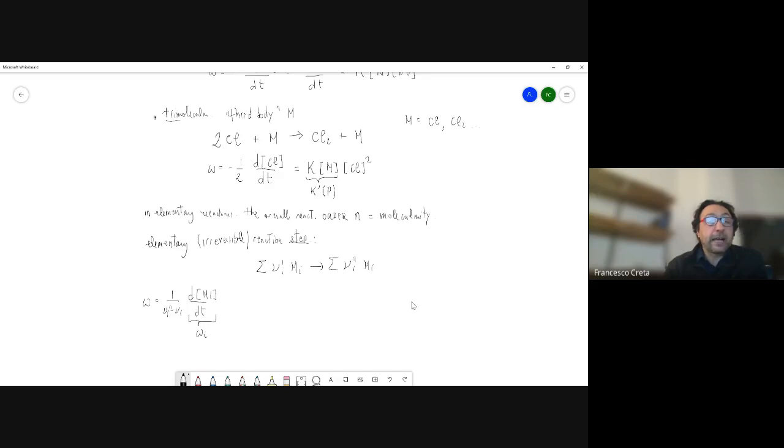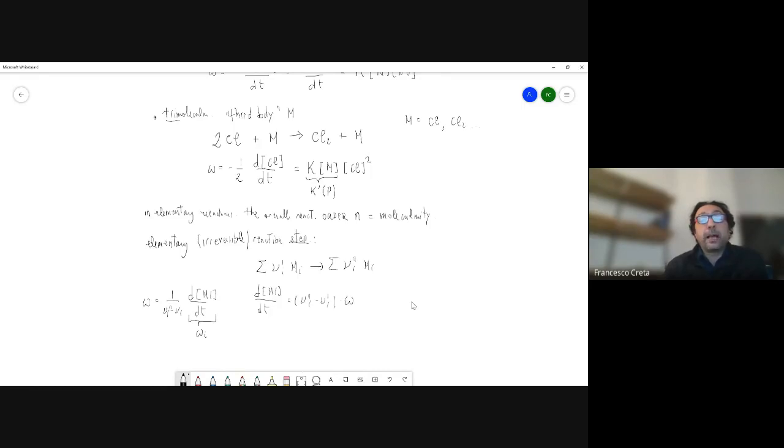So this is the actual rate of change of the molar concentration of this species i, and this is the overall reaction rate. So generally speaking, if you're interested in the rate of change of the molar concentration, all you do is multiply this factor by the reaction rate.